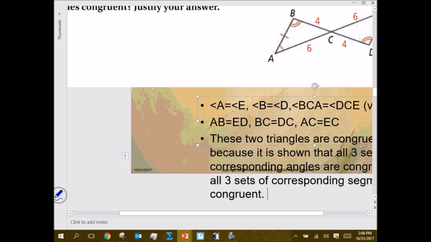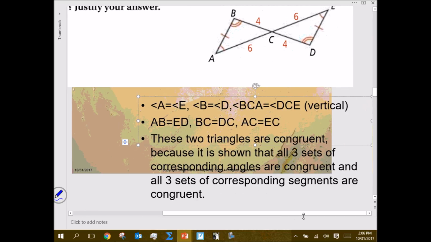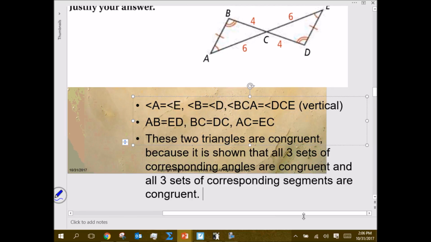Okay? That would gain you, if this is a 2-point question on the end of course exam, both points. If I just say yes or I just say no, that might gain me 1 point or no points. I have to justify my answer.